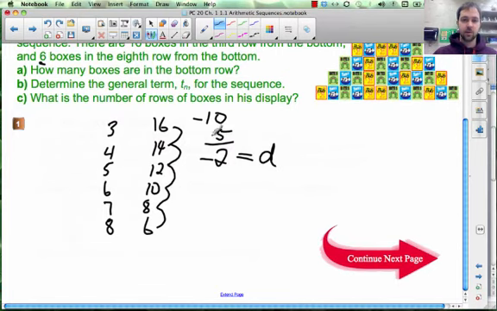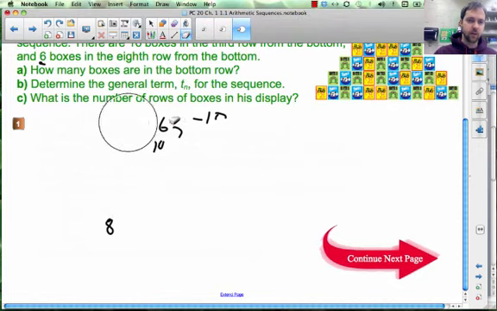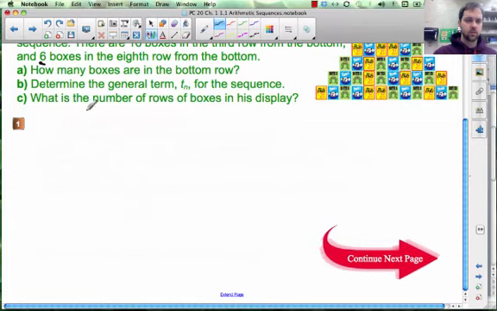Now this will help us move forward here. So we have our d value of -2. Now our 3rd term had 16 boxes in it. That was the 3rd row from the bottom. So if we want to figure out our 1st row, our very bottom row, we just work backwards.